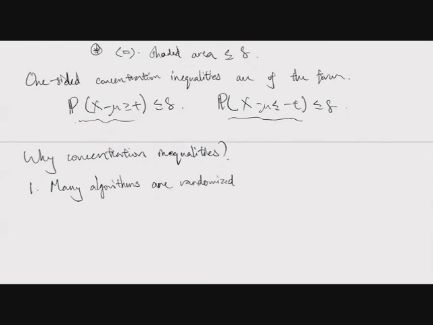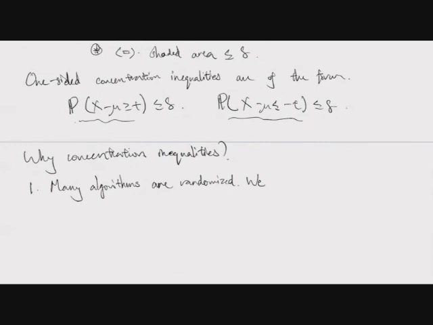So for instance, a lot of search algorithms are randomized, and there's a reason why we randomize them, which is to get around certain adversarial situations. But there's a price to pay, which is that we don't really know. So usually in computer science, we want to make sure our algorithms run fast. And so we are interested in the running time or the time complexity of these algorithms. And if the algorithms are random, then this becomes a random quantity, right?